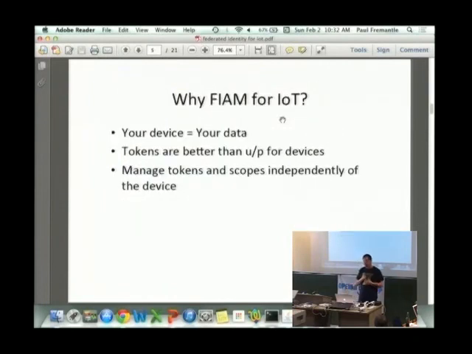And really, why federated identity access management for IoT? Well, the most important thing from my perspective is it's your device. It ought to be your data. It ought to be under your control where you publish that data, who can access it, how they can access it. If my house is connected to the internet, maybe I want to let my neighbors check on the health of it while I'm away, but only while I'm away.